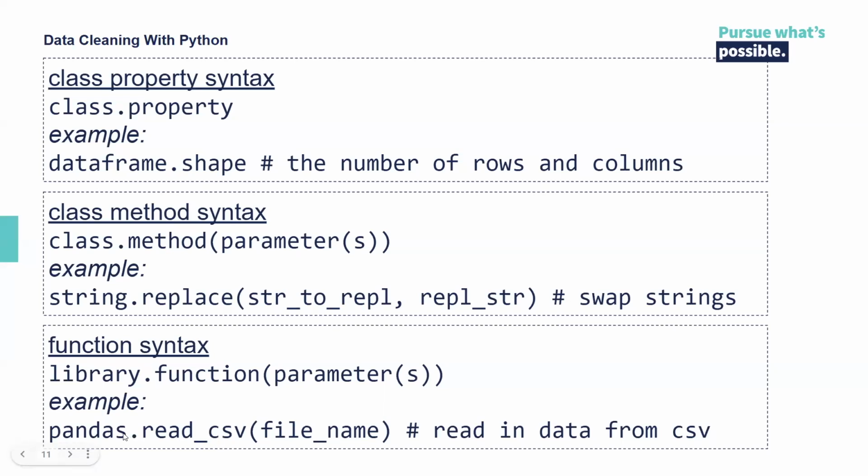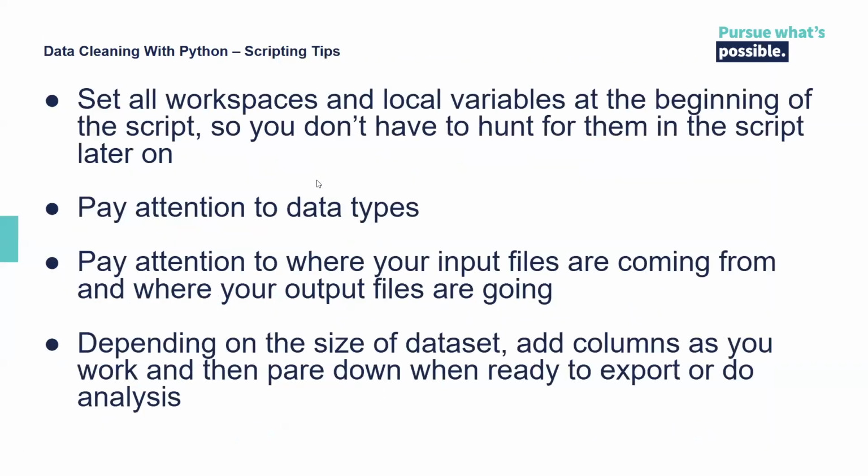So that syntax is going to be the name of the library, pandas, dot the name of the function, read_csv, and then a single parameter for now, that is just the name of the file. So, okay, I'm going to read in this file, and that's going to be a data frame in my script being held in memory. So that's just a little refresher on the syntax because we're going to be using these a lot in the code.